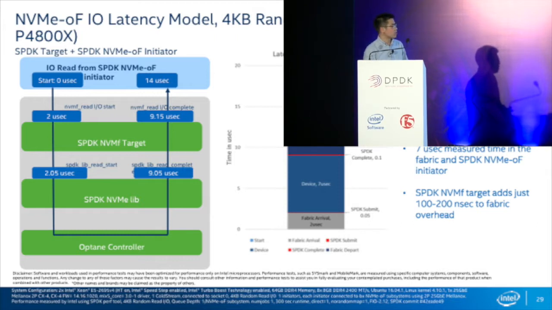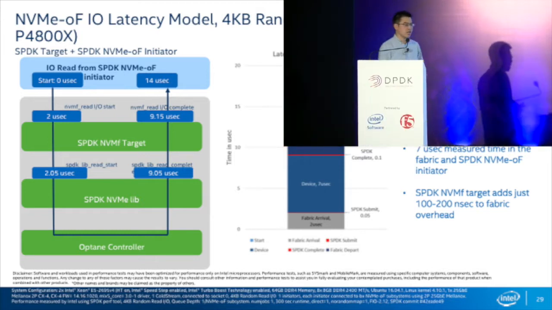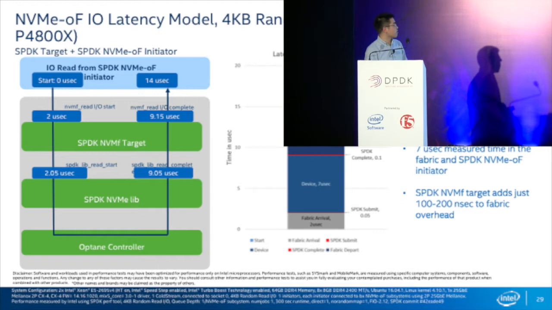The second is the device execution time in SPDK server target. And the last is the fabric departure time. In this diagram, we use the SPDK's NVMe-oF fabrics target with the kernel's NVMe-oF fabrics initiator. And we see that the total round-trip time is 20 microseconds.